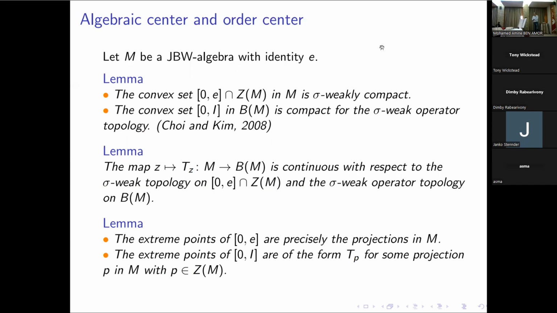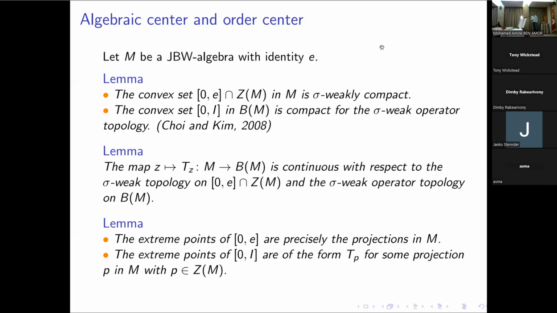Then we go to the space of operators. We look at the order interval between 0 and the identity operator in the space of bounded linear operators on the JBW algebra. And that turns out to be compact for the sigma weak operator topology that I just introduced. You can forget about the definitions, but just remember that there are suitable topologies that make these intervals compact.